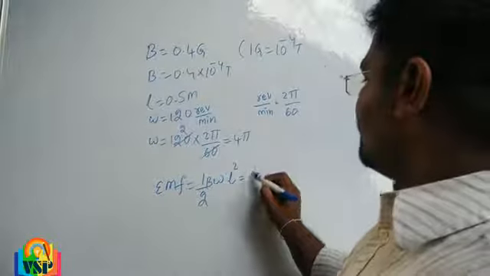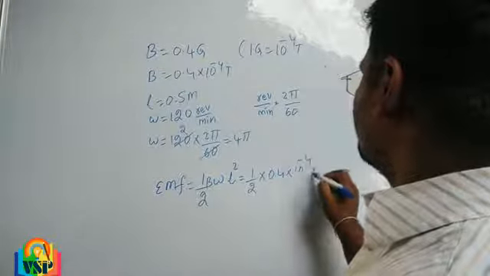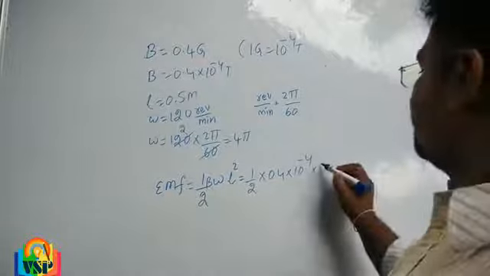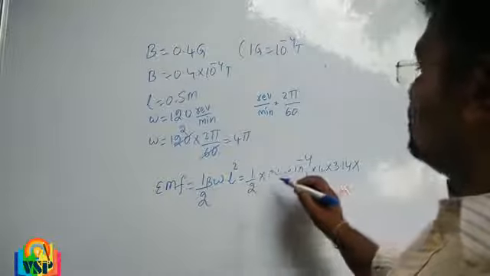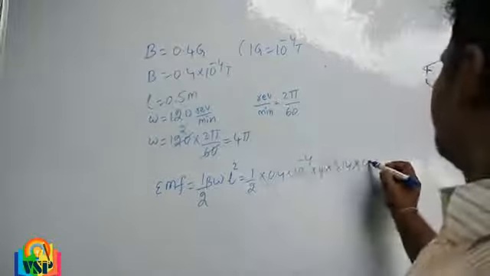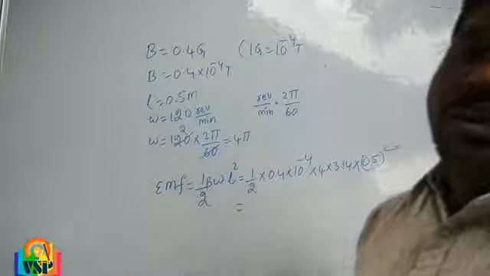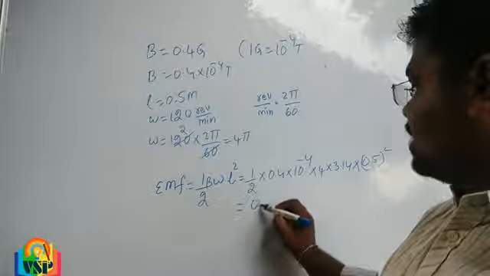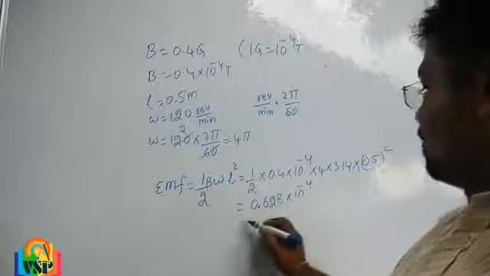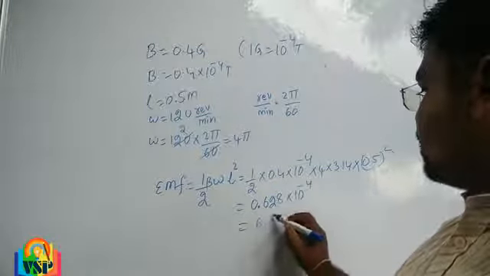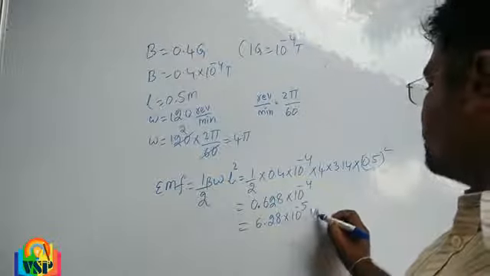That is 1 by 2 into 0.4 into 10 power minus 4 into 4 into 3.14 into 0.5 whole square. So we can get 0.628 into 10 power minus 4. Rearranging this, we get 6.28 into 10 power minus 5 volts.